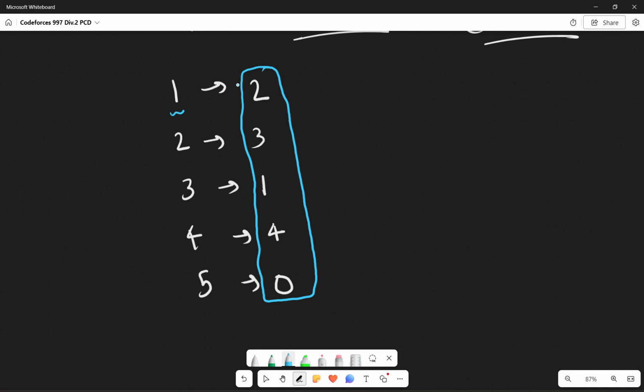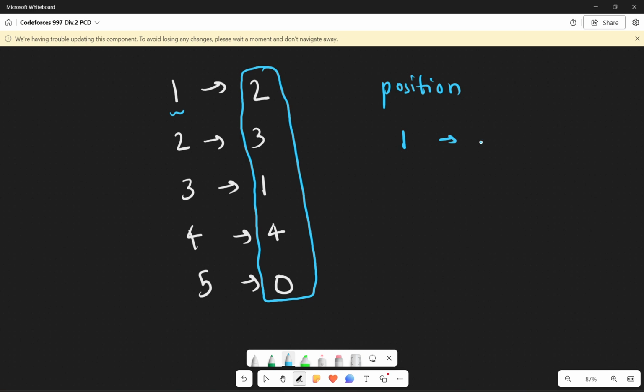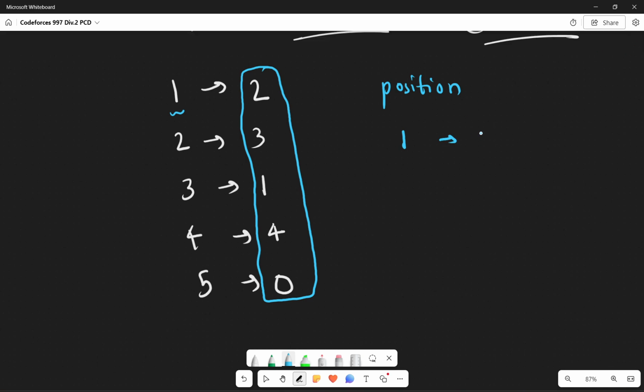There are two elements to the right of 1, so let us create an array for the positions. So 1's position is n minus 2, basically 3. 2's position is 5 minus 3, 2. 3's position is 4, basically 5 minus 1.